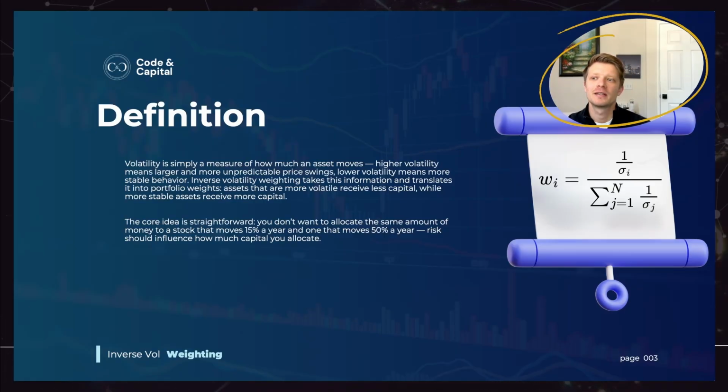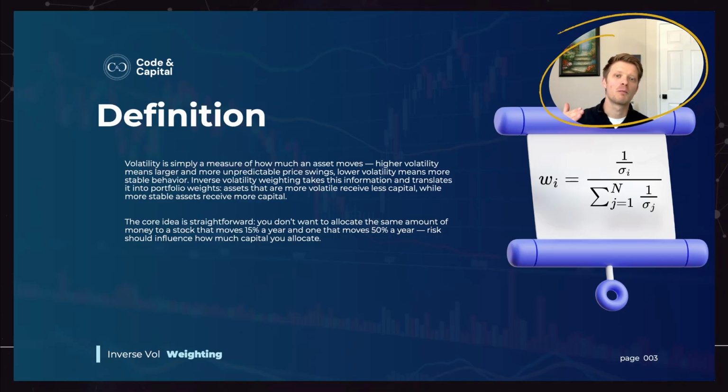Inverse volatility weighting is really about one thing: translating risk into capital allocation. Volatility is simply a measure of how much one asset moves by itself. Higher volatility means larger and more unpredictable price swings, whereas with lower volatility, more stable assets receive more capital.